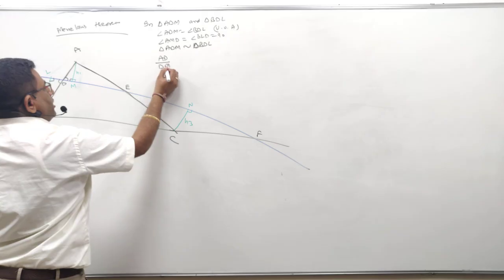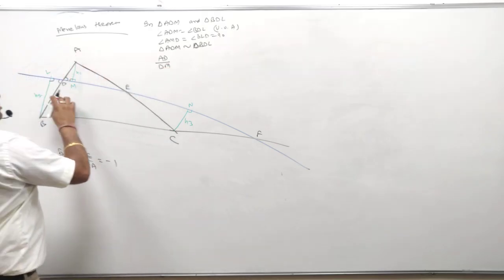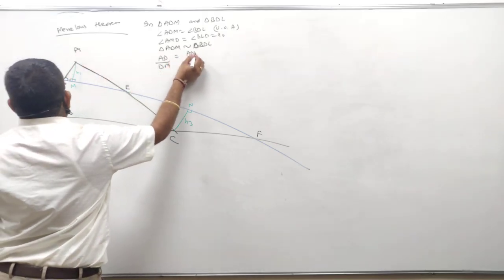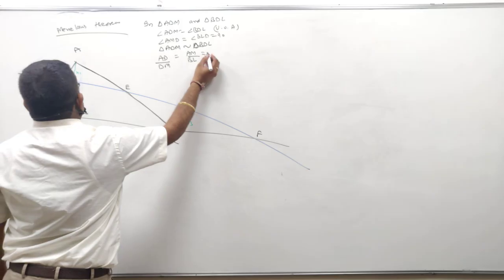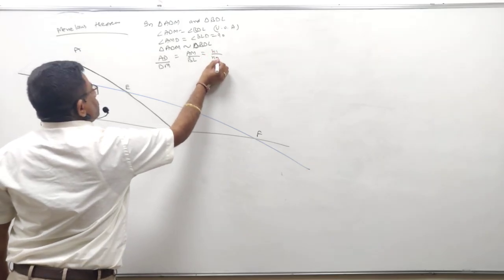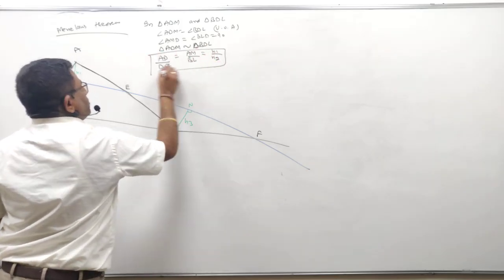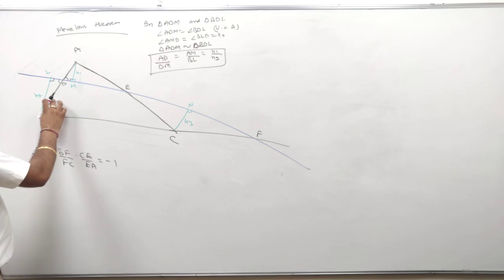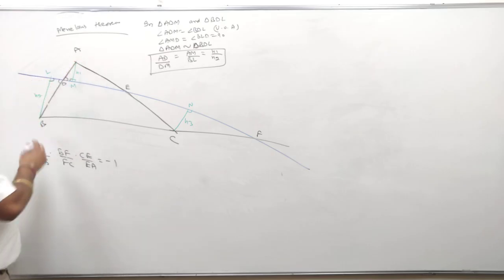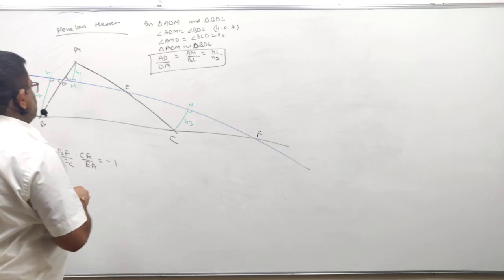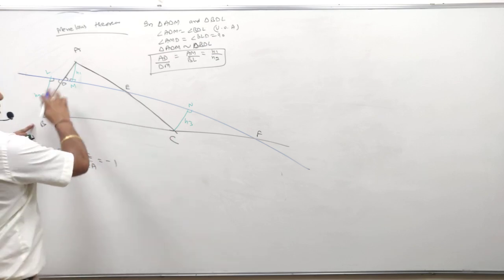So what we get is AD upon DB becomes AM upon BL, that is H1 upon H2. AD is to DB becomes the ratio of the altitudes H1 by H2. Now consider triangle BLF.